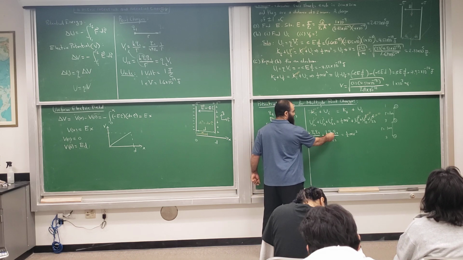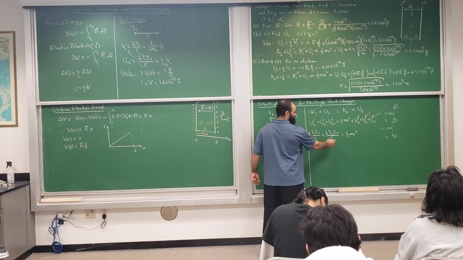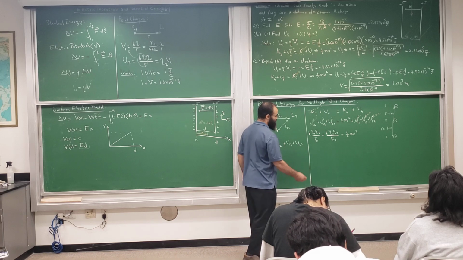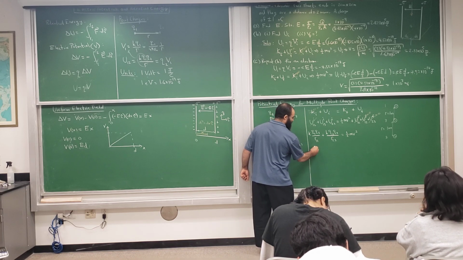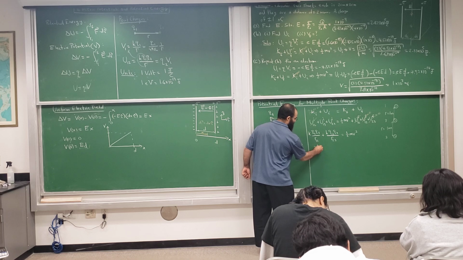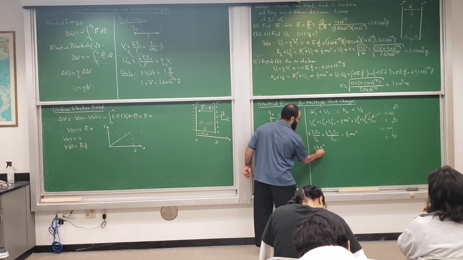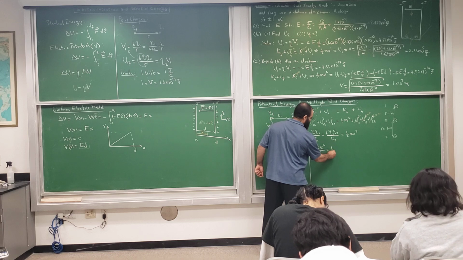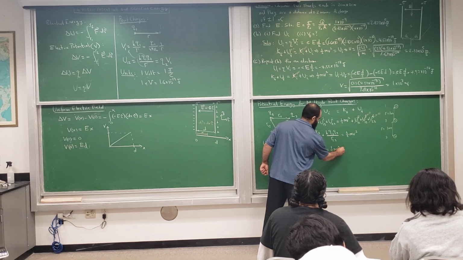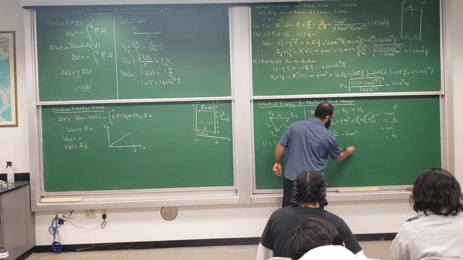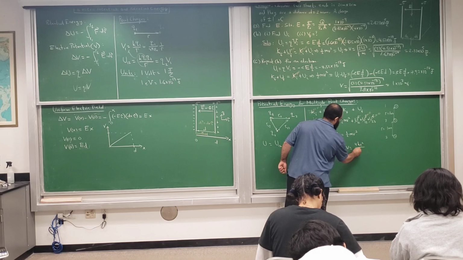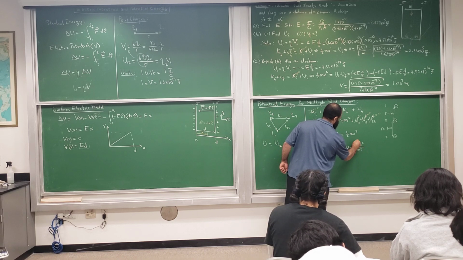And this one you get another K E squared over the same R. Same R. So K E squared over R, K E squared over R, that gives us twice K E squared over R, where R is 1 millimeter. We'll substitute in a second. So V is going to be 4K E squared over M times R.